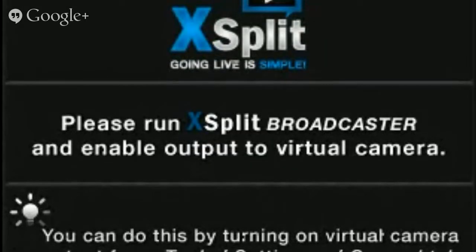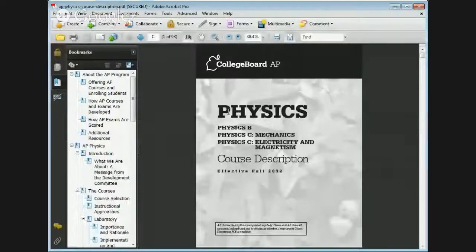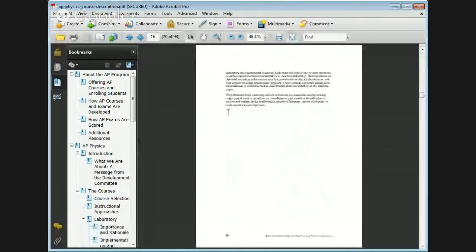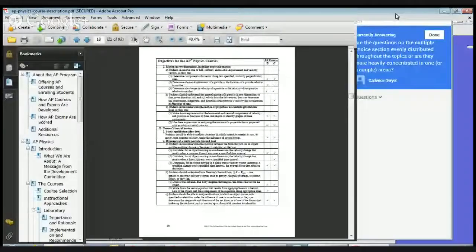Oh, screen share. Yes, this. Great. Okay, so... Okay, here is the breakdown. But come on, don't be like that. All right.